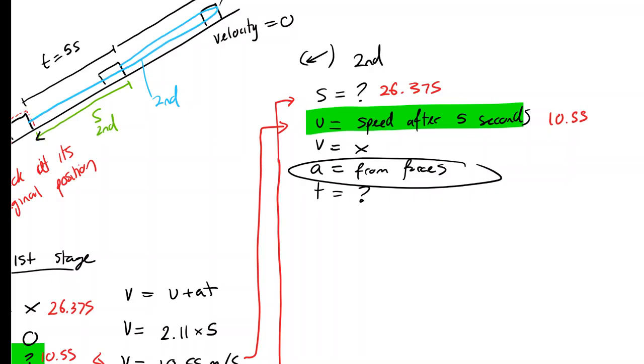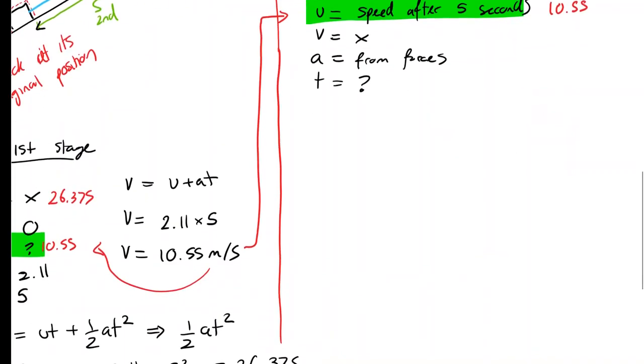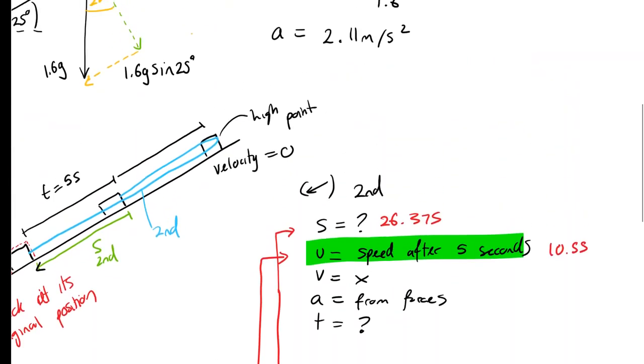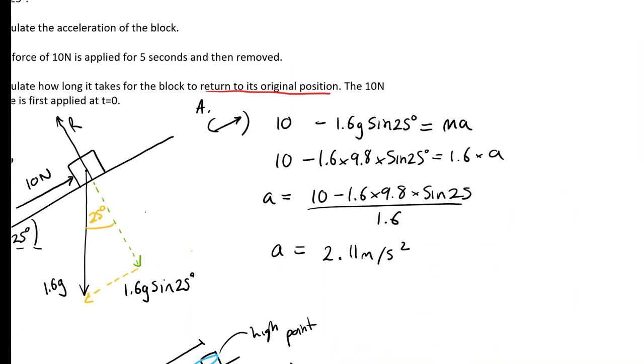We know the acceleration will come from forces. If we think about Newton's second law, it's got ma, it's got a involved. So let's apply that. The only difference in this case is that in the second stage we don't have the 10 Newton force being applied. So we should have an equation that looks similar to this, but no 10. And notice that in the first case we were resolving up the slope, which is why that was negative.